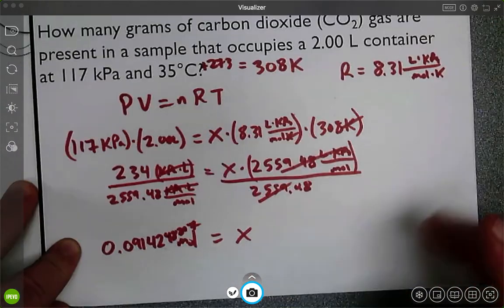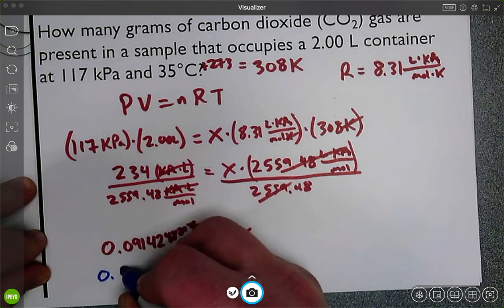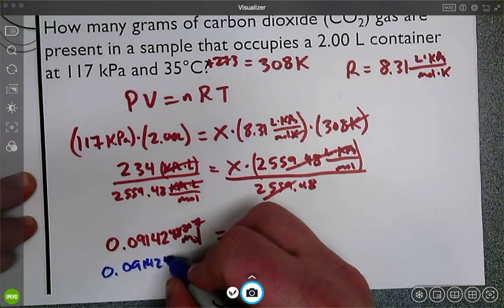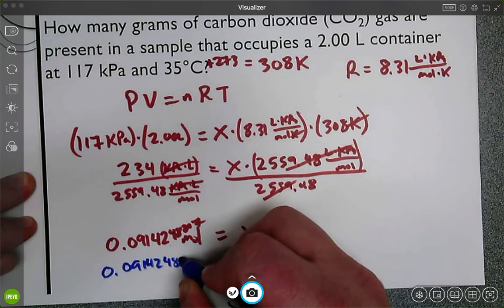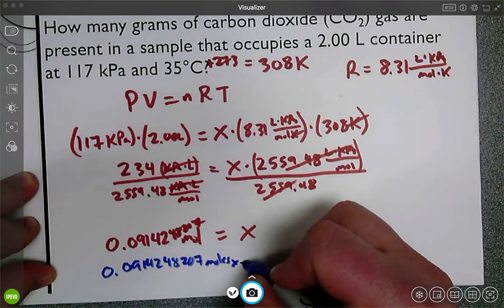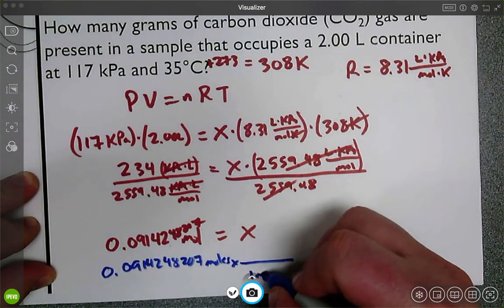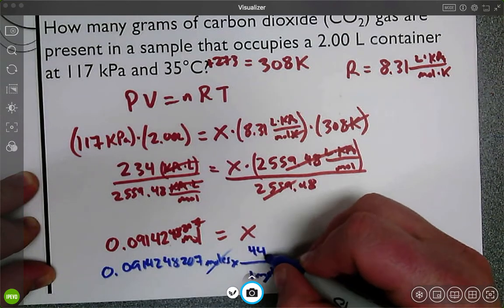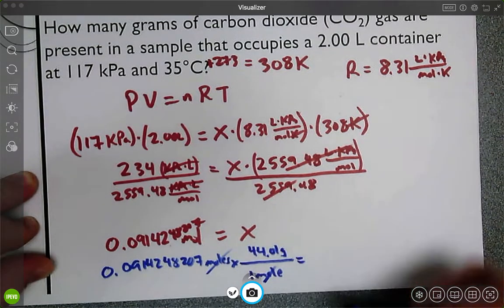So I'm going to take this number here, 0.0914248207 moles, times its molar mass, 44.01 grams over 1 mole.